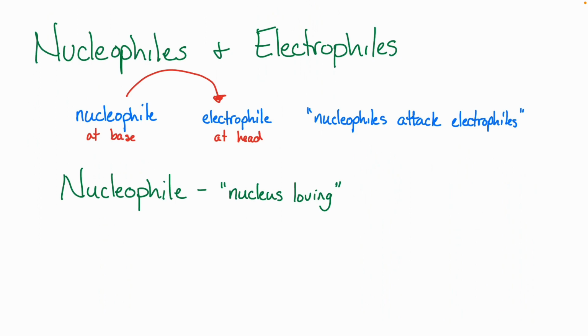The protons and the neutrons, and so what's the overall charge of the nucleus of an atom? Positive. So something that really loves the nucleus, something that really loves positive charges, is itself an electron-rich species. Nucleophiles are characterized by having this electron density, lots of electrons. That's why they want the positive charge.